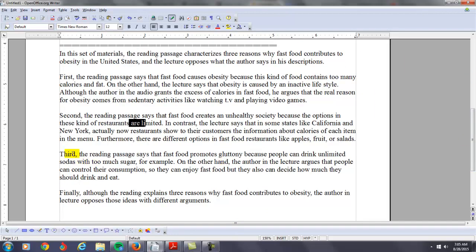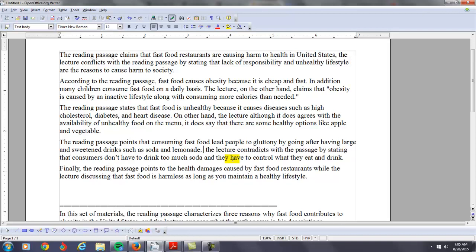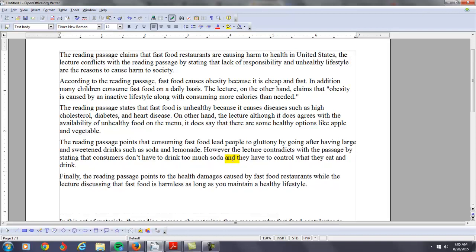So it says here, the reading passage, this is an example of another student. It says, the reading passage says that fast food promotes gluttony because people can drink unlimited sodas with too much sugar. He said, while the lecture contradicts with the passage by stating... I'm going to change this to however. You need a transition word here, not an adverb clause connector.